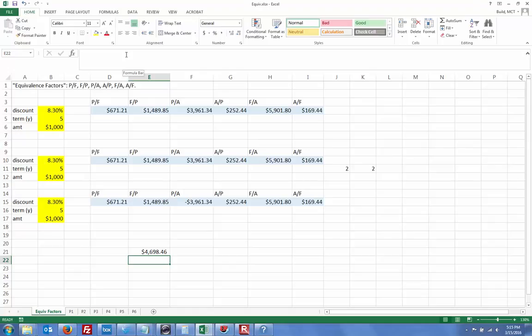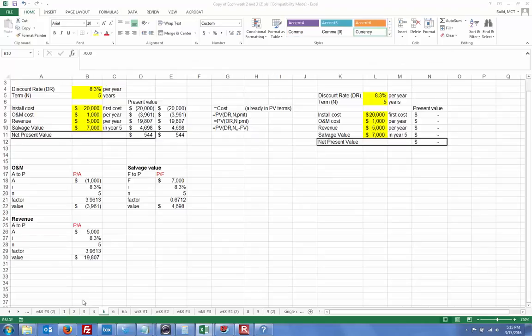Okay, so that's how to use the net present value function. And let's go back to Fraser's solution. Five years, so right now the project is worth $544.